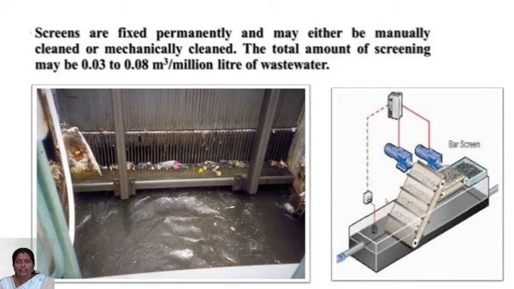Screens are fixed permanently and may be either manually cleaned or mechanically cleaned. The total amount of screenings may be 0.03 to 0.08 cubic meter per million liter of wastewater. This diagram shows the straight screening bars, that is a vertical bar screen, provided in the screen chamber.